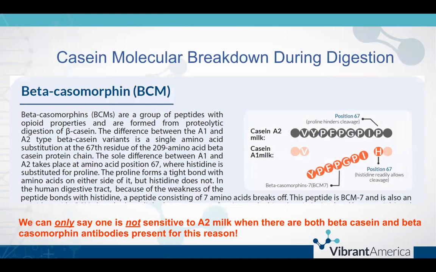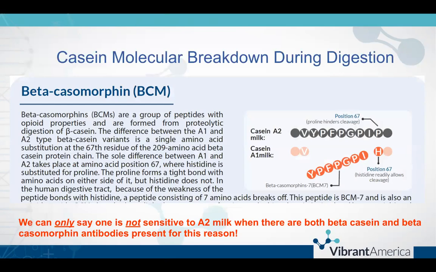So here's why this is the case. Casein itself is a protein. It's a larger protein within a much larger protein of cow's milk. So casein itself has a portion here where you can see that the difference in A1 and A2 beta casein is the 67th residue of a 209 amino acid beta casein protein chain.